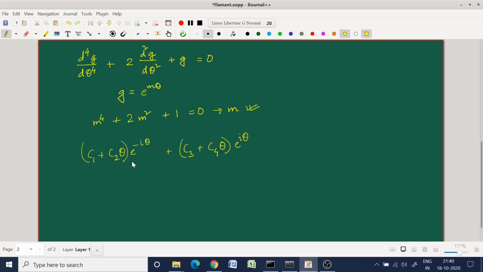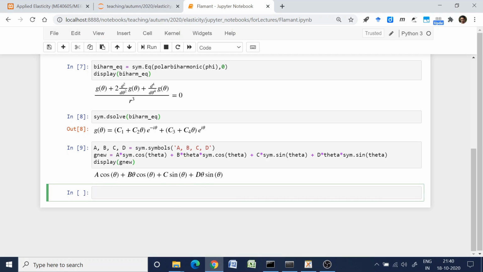What you can do is, this one you can expand like cos theta minus i sin theta, and this one you can expand like cos theta plus i sin theta. And if you multiply out the terms and algebraically simplify it, you will end up with a form like this.